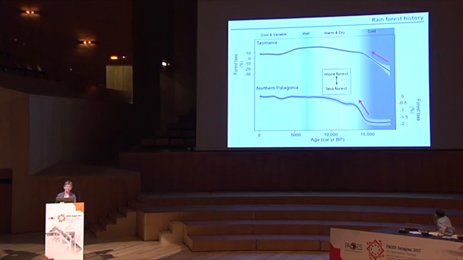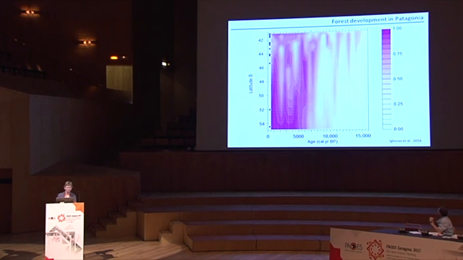Then you have high rainforest abundance increasing and reaching a maximum during the wet period. And then in the late Holocene, the rainforest abundance decreases as you start to get these more pyrophytic tree taxa like eucalyptus and Austrocedrus coming in, and so you see more fluctuations. So in a broad sense, the two regions are quite similar in terms of their history.